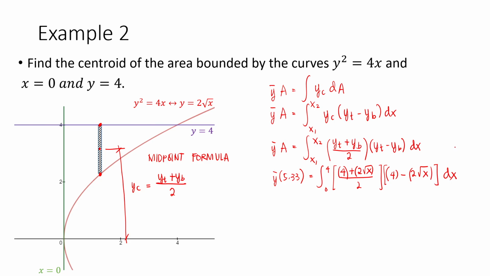So you may also plug that one in your equation, but again our style is from example number 1. So I'm going to combine first, creating difference of two squares. So x1 to x2, then this becomes y top squared minus y bottom squared all over 2 dx.